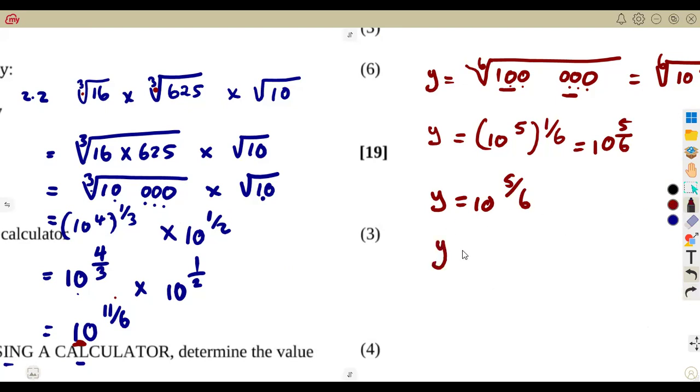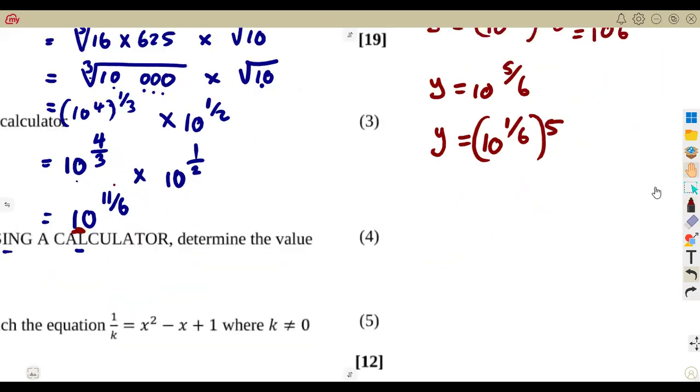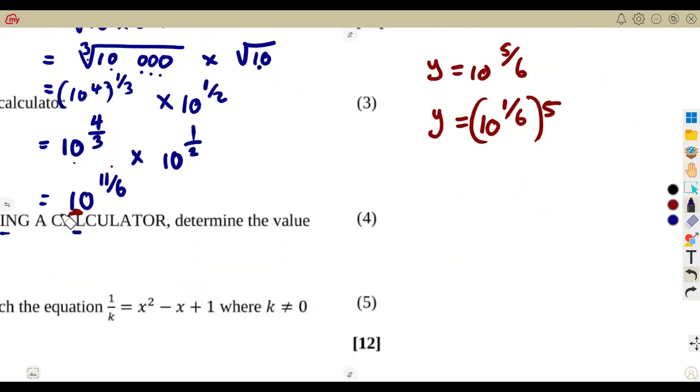So this one is going to be y is equal to 10 to the exponent of 1 over 6 raised to the exponent of 5. At least you can see the 1 over 6. Here, we can also have that same 1 over 6 because we want the same thing, 1 over 6.